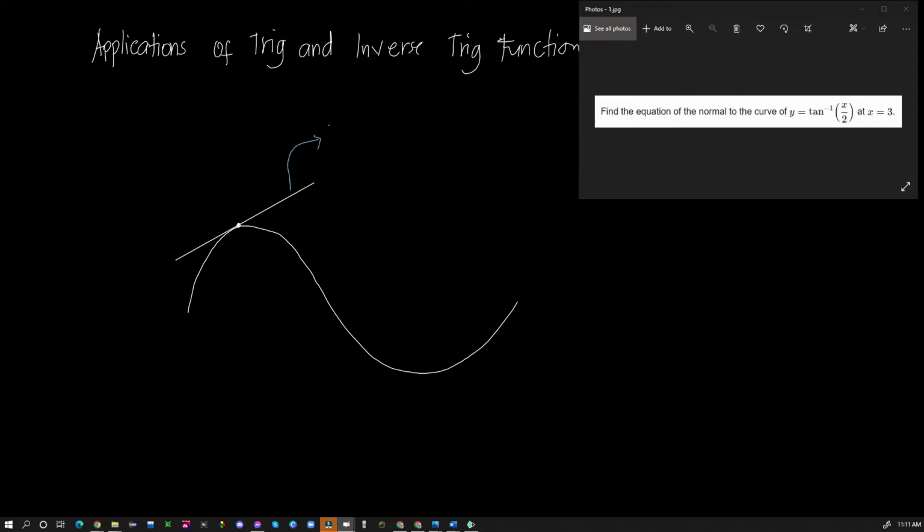Yes, very good. Tangent. Okay? Then, unsa ang tawag ani nga point where the tangent line intersects the curve? This is the point of tangency.